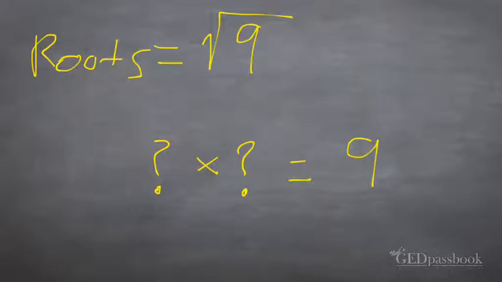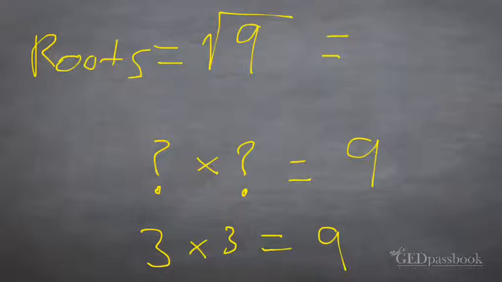Is that the same for every problem with roots? What number multiplied by itself twice creates that inside number? Yeah. 3 times 3 equals 9, right? So the square root of 9 is 3.